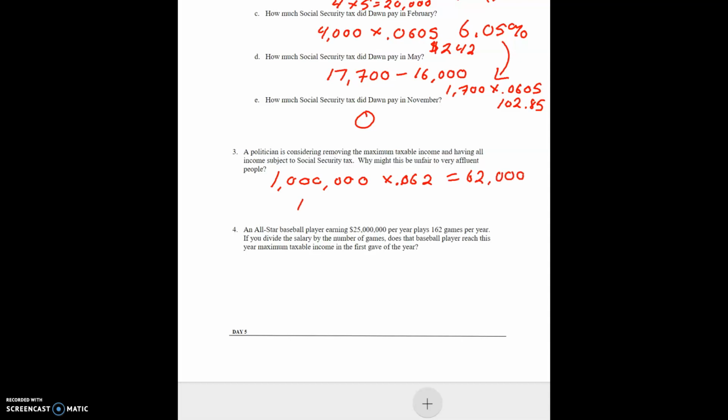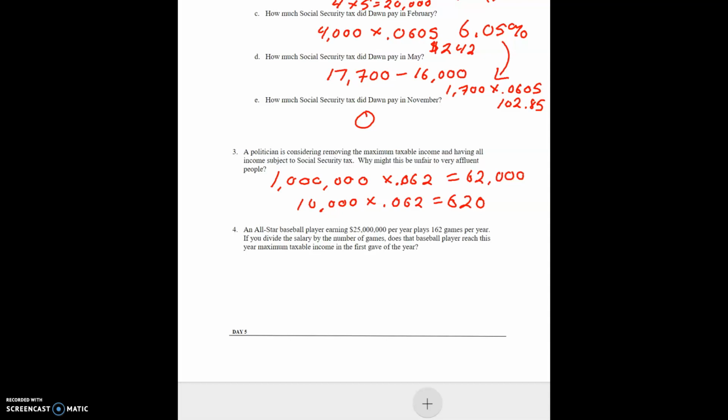If you made $10,000 times your 0.062, that gives you only $620. So you can see that the more money you make, if they get rid of that maximum table, the more money you make, you pay way more into Social Security. So that's why it would be unfair for someone who makes a ton more money to pay into Social Security.